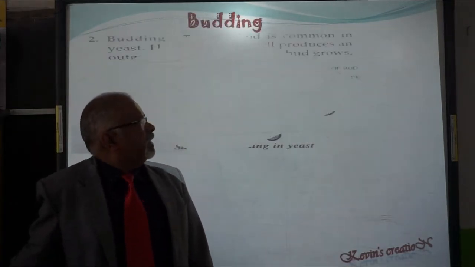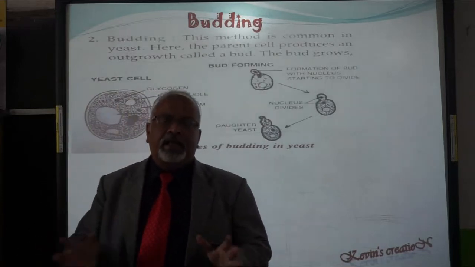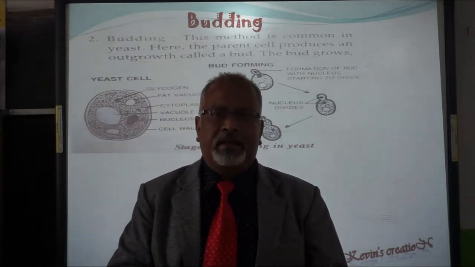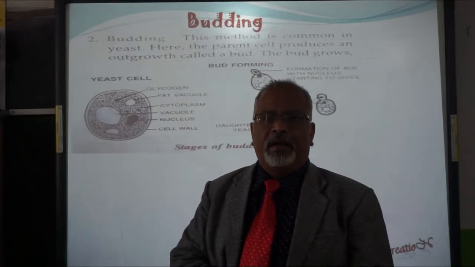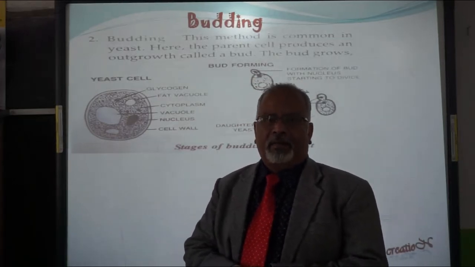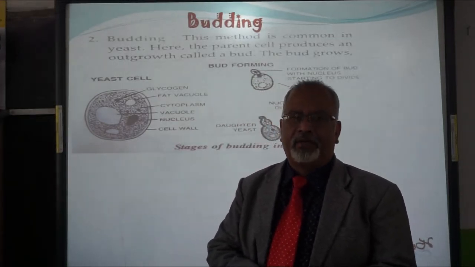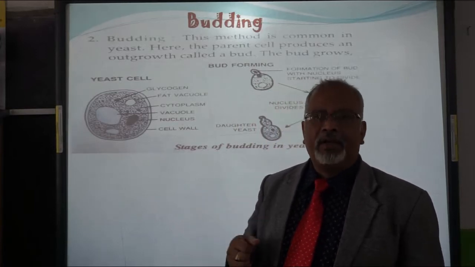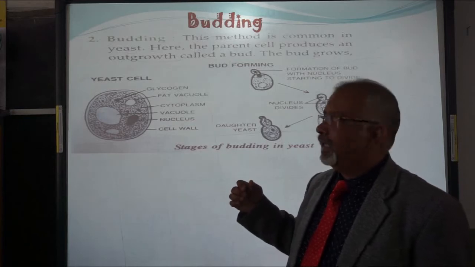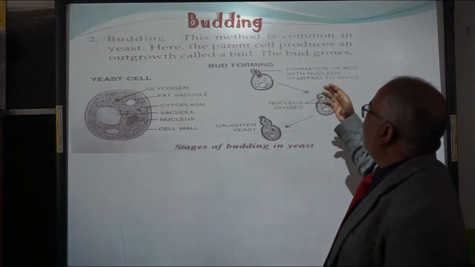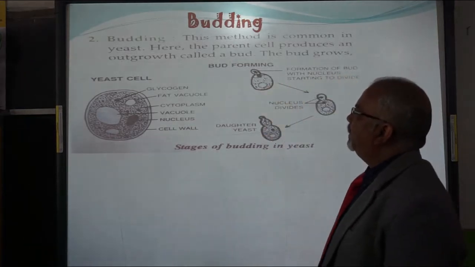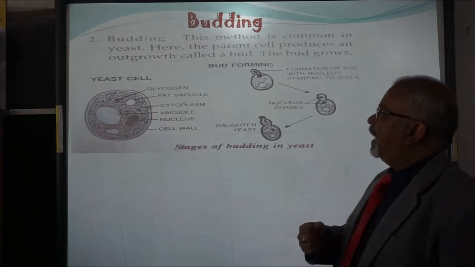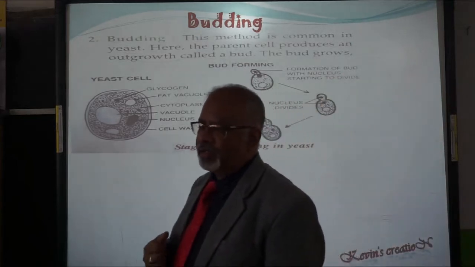Next one is budding, and here the example is yeast. Yeast we use in baking bread, in the baking industry. In some of the dishes which we make, there also we use yeast. So you are familiar with yeast. This method is common in yeast. Here the parent cell produces an outgrowth called a bud.